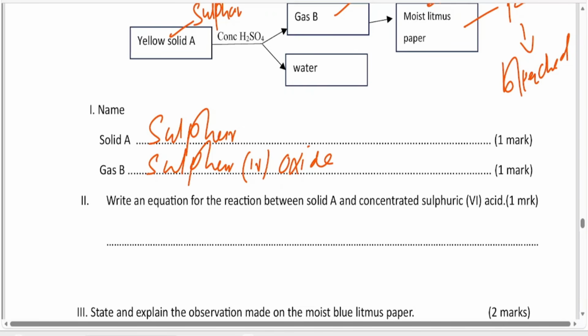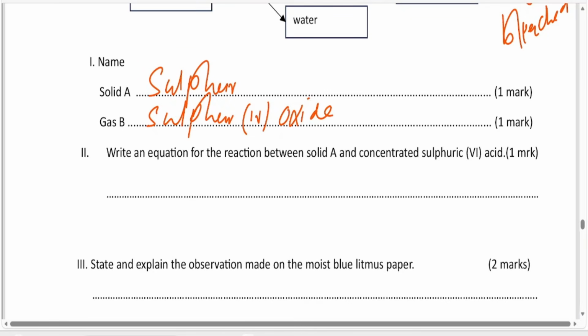Write an equation for the reaction between solid A and concentrated sulfuric acid. Our solid A is sulfur. Sulfur is a yellow solid. I react it with concentrated sulfuric acid. It is a liquid, and I obtain sulfur IV oxide gas.